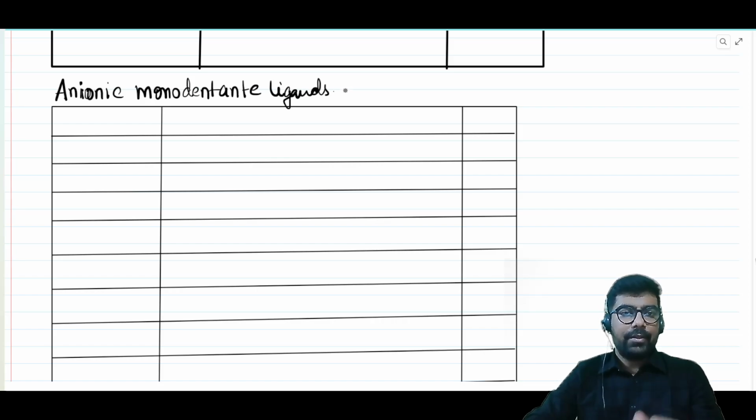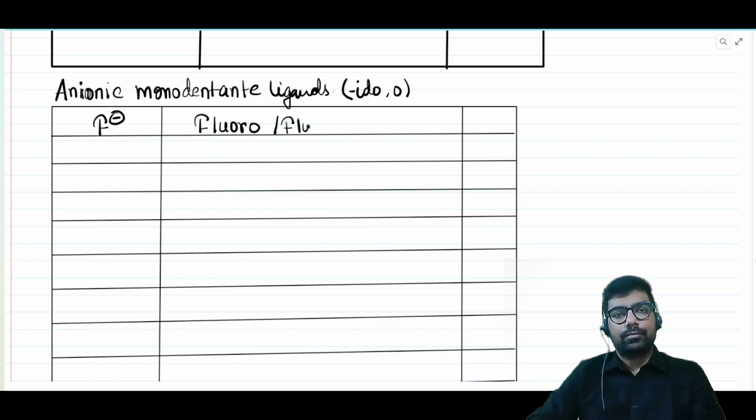Now you will see a trend in this: when there is an anionic ligand, either we add ido at the end or O. Let's say if we have F minus, we can either use fluoro or fluorido. Anything can be used. Charge is -1.